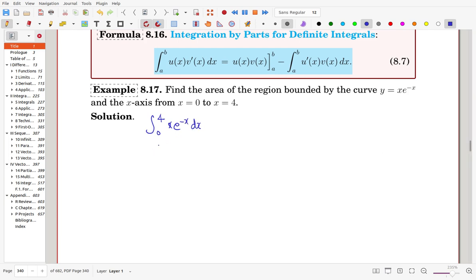Now let's try to use integration by parts. Let x be u, and e to the minus x be v prime. Then v must be minus e to the minus x.